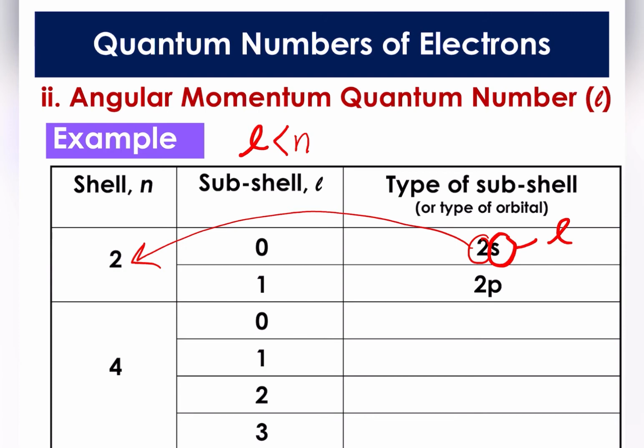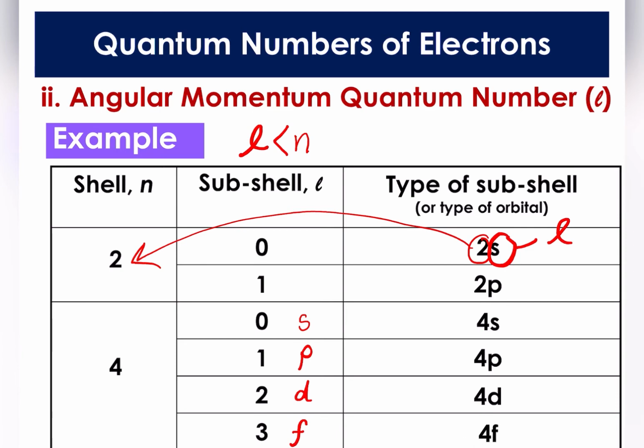So it depends on the value of L. Untuk 0 adalah S, untuk 1 adalah P, untuk 2 adalah D, untuk 3 adalah F. So how I want to write it down? Sekarang nilai saya untuk N adalah 4. So it's going to be 4S for the first line, 4P for the second line, 4D and 4F. So that's how you want to relate.